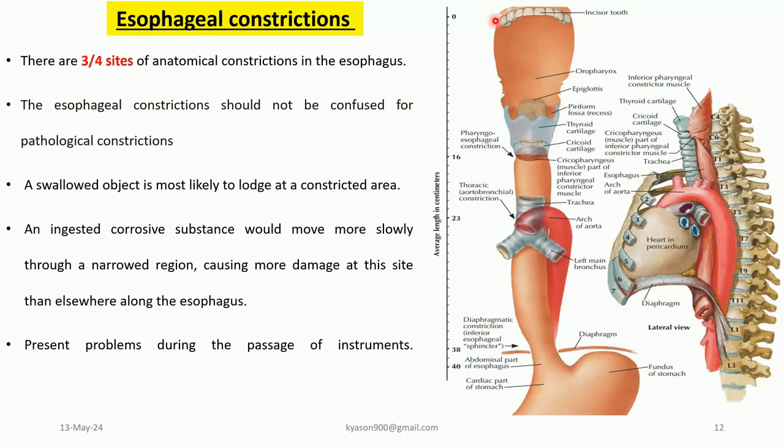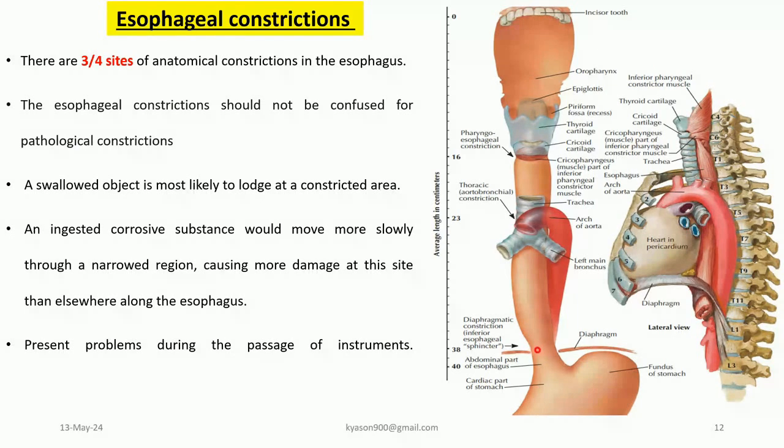So from the level of the upper incisor teeth, the first constriction is around 16 centimeters. The second constriction, the thoracic constriction, is about 23 to 25 centimeters from the level of the upper incisor teeth.